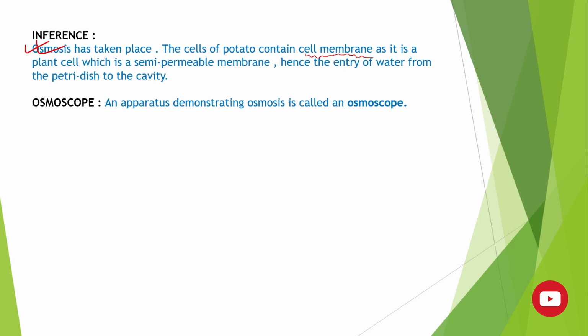Very important explanation. You have to remember this portion because this is a very simple explanation. It will help you to understand. As it is a plant cell which has a semi-permeable membrane, hence the entry of water from the petri dish to the cavity. Therefore, water is entering from the petri dish to the cavity of the potato osmoscope.